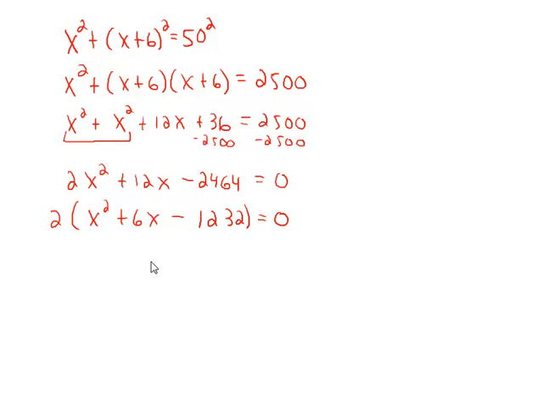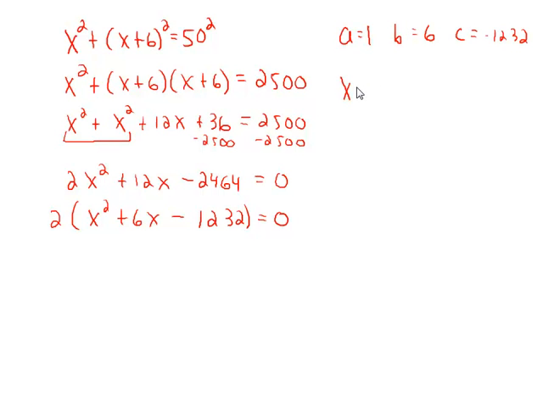Now, I would take about 5 seconds trying to factor this quadratic expression. I can't do it that quickly, so it's time to go to the quadratic formula. You could also use completing the square if you like. I'm going to use the quadratic formula with a being 1, not the a from the Pythagorean theorem. The linear term's coefficient is 6, and the constant is negative 1,232.